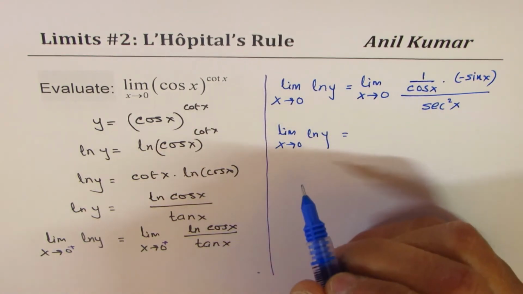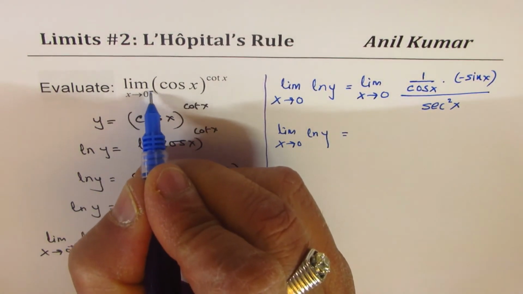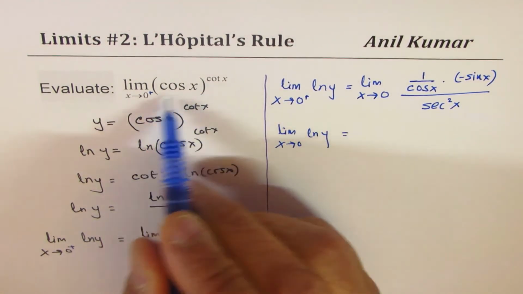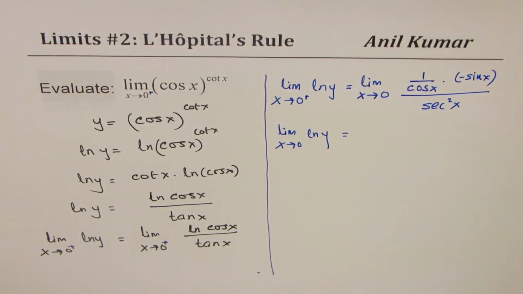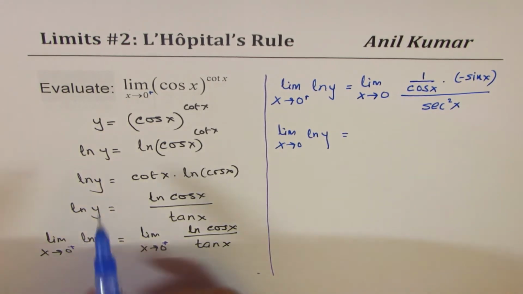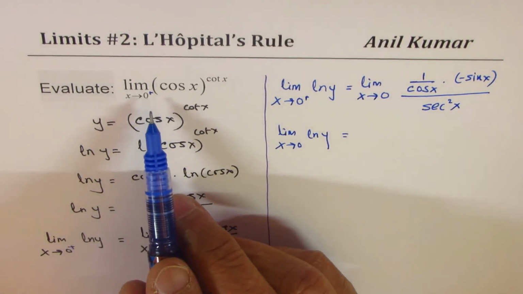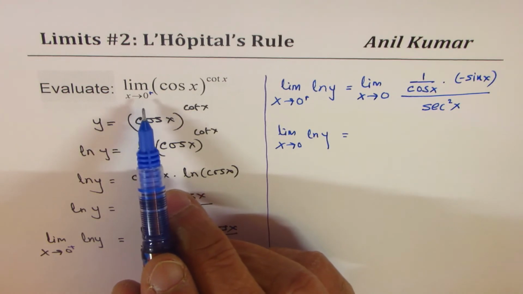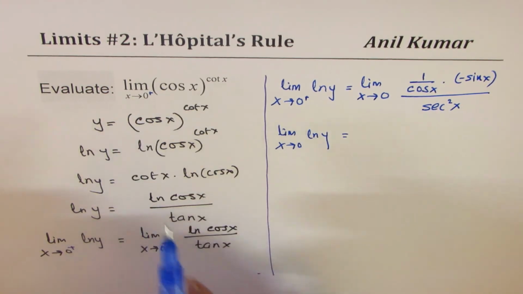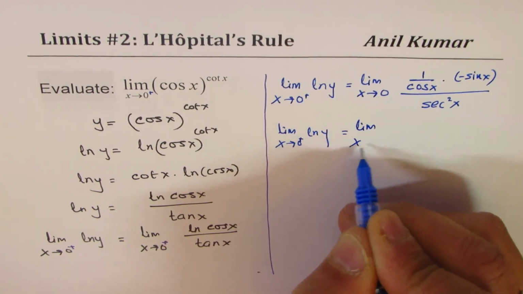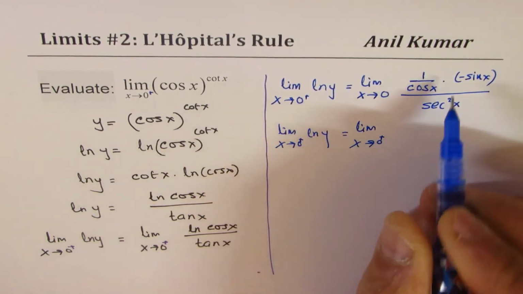Strictly speaking, whenever we are doing these questions, we should have written from the positive side, right? Since this strategy, taking natural logs, is only valid when the values are positive, right? So that's the domain of y. While writing the question, I didn't write that, but that should be taken as a note. Okay, so let me write this as positive, right? So we have the limit as x approaches 0 from the right side.